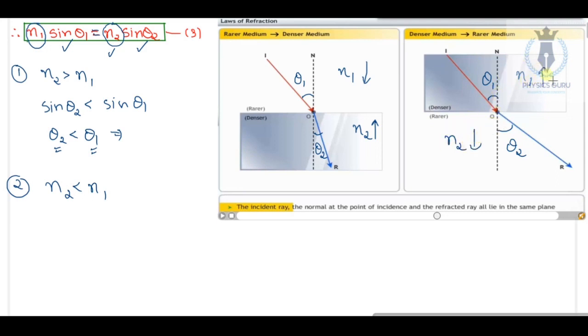As n2 is less than n1, sin theta 2 will become greater than sin theta 1, therefore theta 2 will become greater than theta 1. As theta 2 is greater than theta 1, that means the refracted ray bends away from the normal.